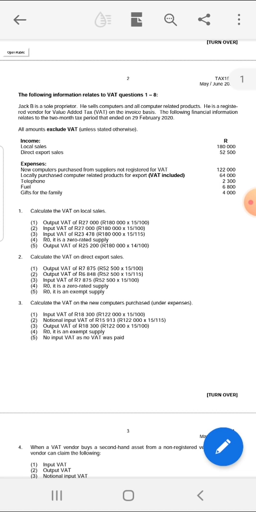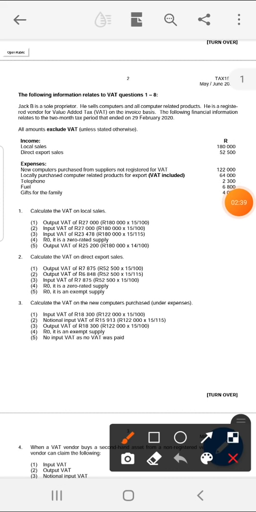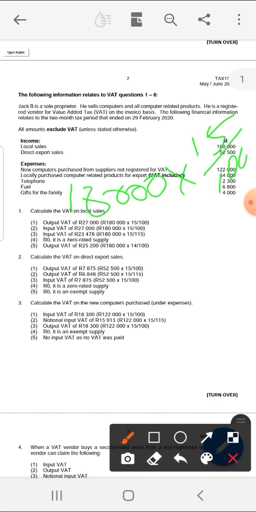Remember, the first thing we need to identify is, are we having input or output tax? Since we are selling, we'll pay output tax. And since we were already told that all the amounts exclude VAT, we take 180 multiplied by 15 over 100.